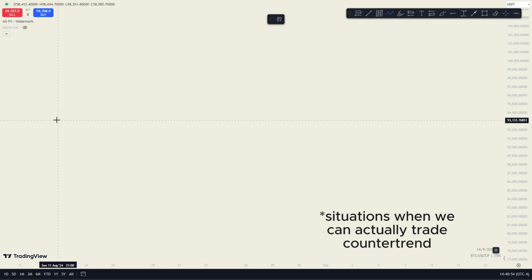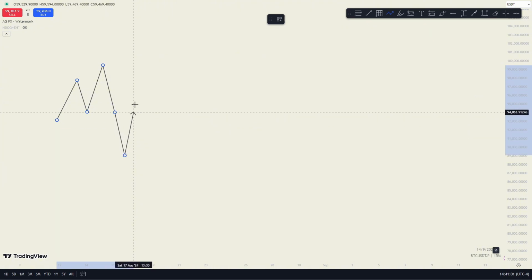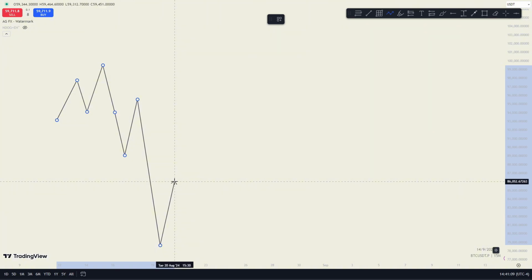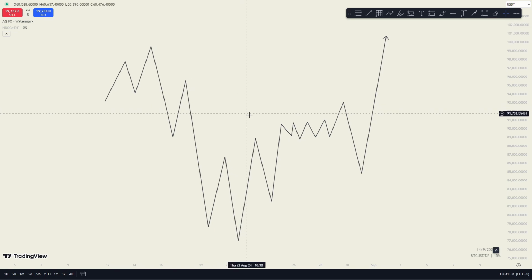So the first case is when we, for example, move down. We create a certain formation here, we create a flip, and then we have a very strong displacement lower here. And here is a situation when I would have taken a counter trend short. It's when we have a very strong displacement after a first zone that was created after a flip.